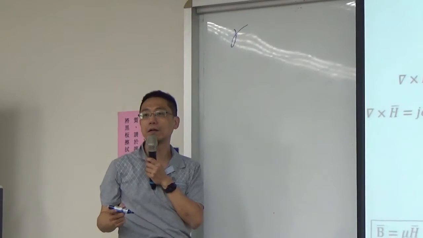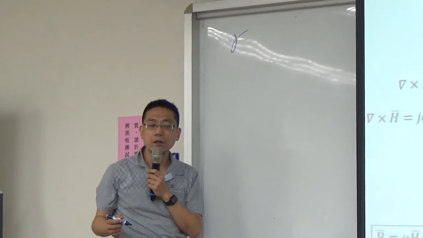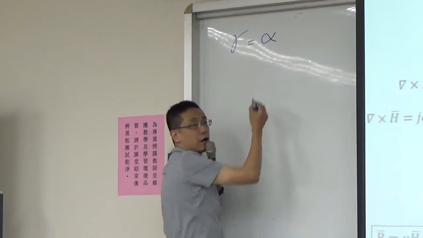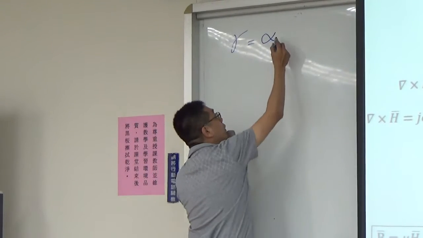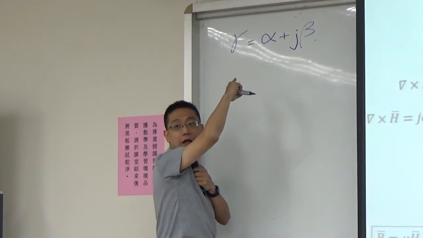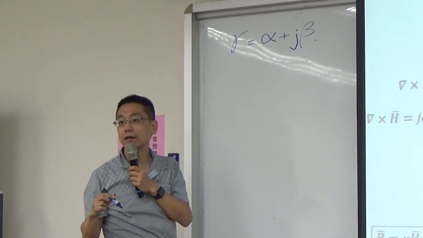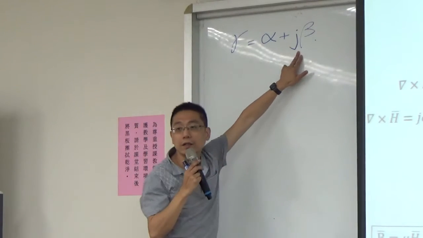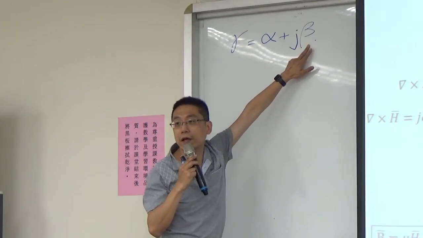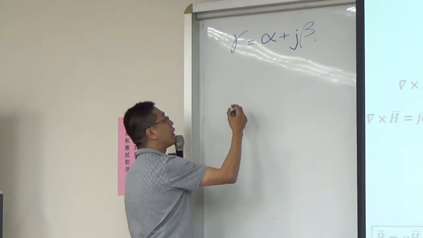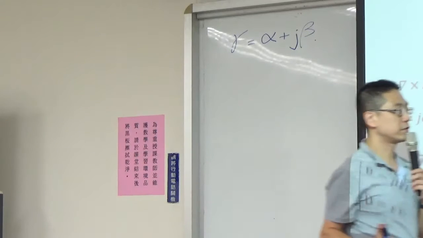We talk about gamma equals alpha plus j beta. Beta is our k. When we talk about this one, we talk about the k here. This is something from our phase.